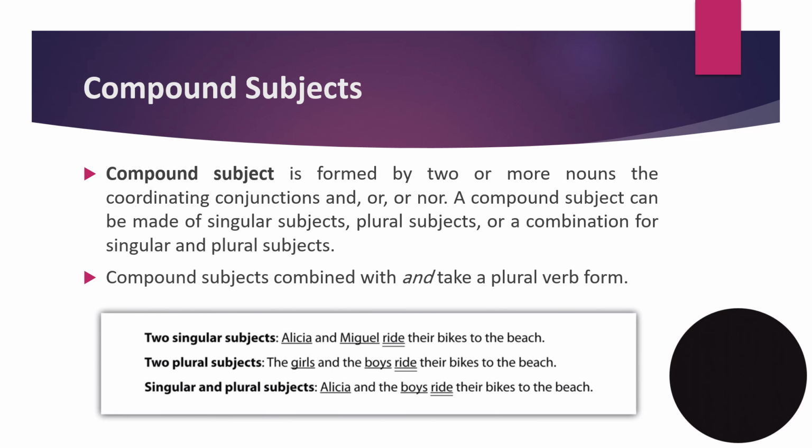Two singular subjects: Alicia and Miguel ride their bikes to the beach. Two plural subjects: the girls and the boys ride their bikes to the beach. Singular and plural subjects, for example: Alicia and the boys ride the bike to the beach.